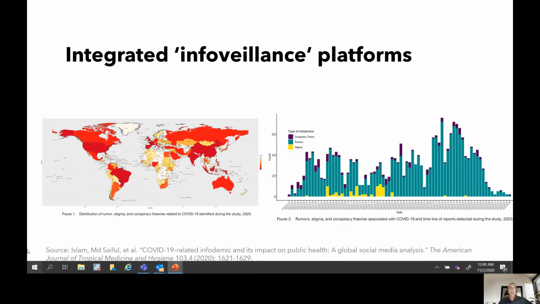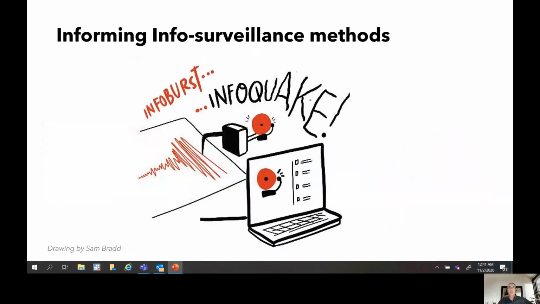And this is based on a paper by Islam and colleagues that came out recently in the American Journal of Tropical Medicine and Hygiene, which is interesting in itself that a paper based on infodemics is actually making it into mainstream public health journals. It's a good sign. So also informing info surveillance methods.